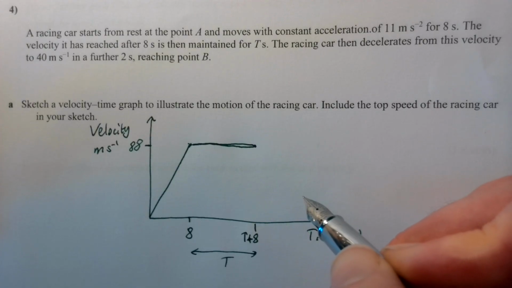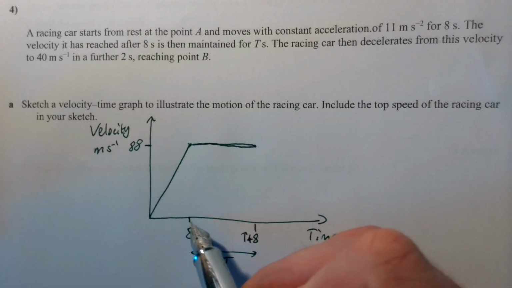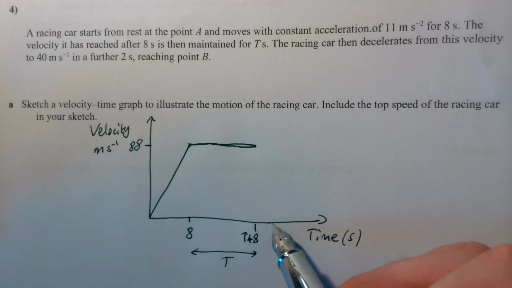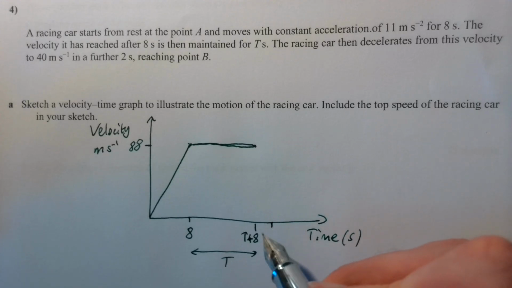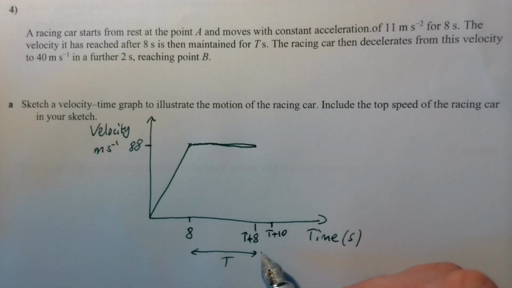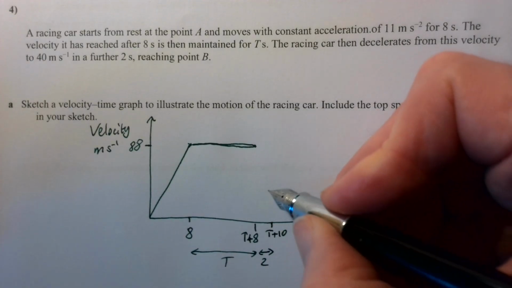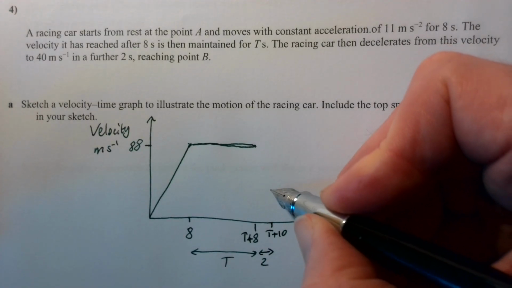Then it's decelerating in 2 seconds to reach that. So if that's 8 seconds, we want a small amount more there. So that would then be t plus 10, wouldn't it? Or you could just put in a little bit there saying 2, but you want to be noting that. And then we're decelerating to 40.